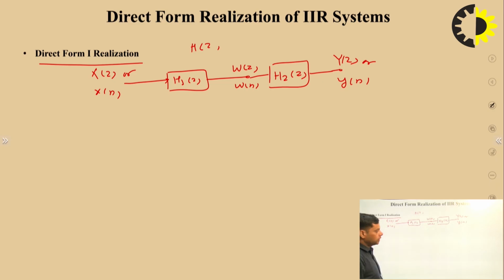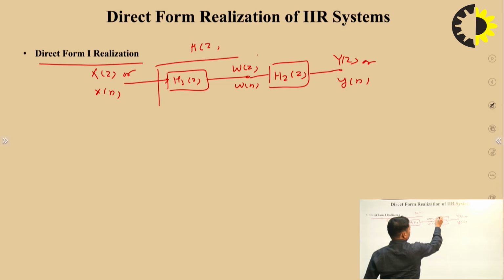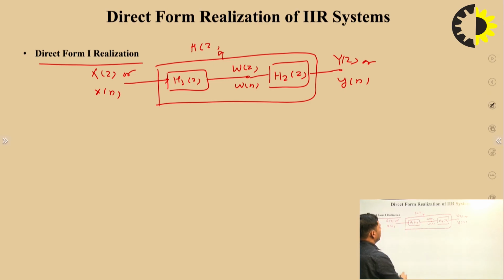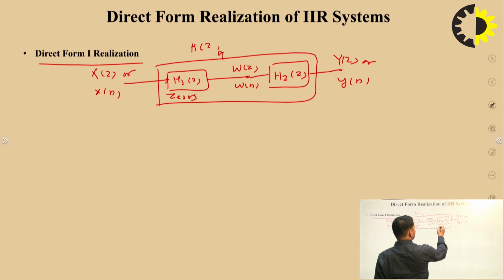This will be the complete H(z), where H1(z) is the zeros of the system and H2(z) is the poles of the system.